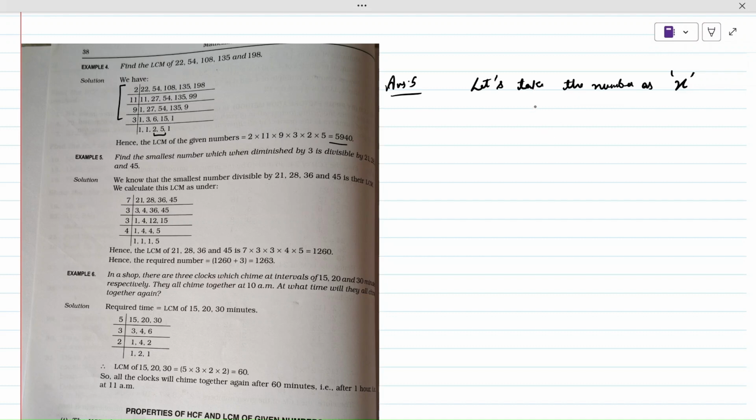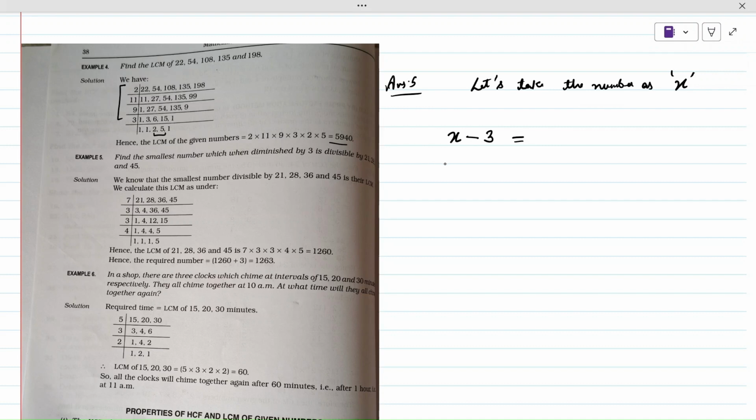What we are asked to do here is that we have to find the smallest number, which when diminished by 3, that means when subtracted by 3, will give us a number which is divisible by 21, 28, 36 and 45.